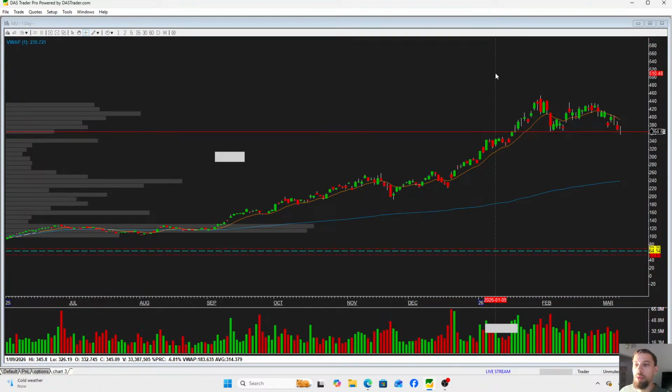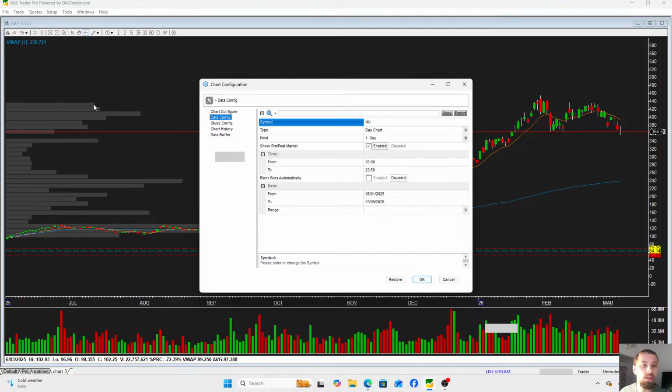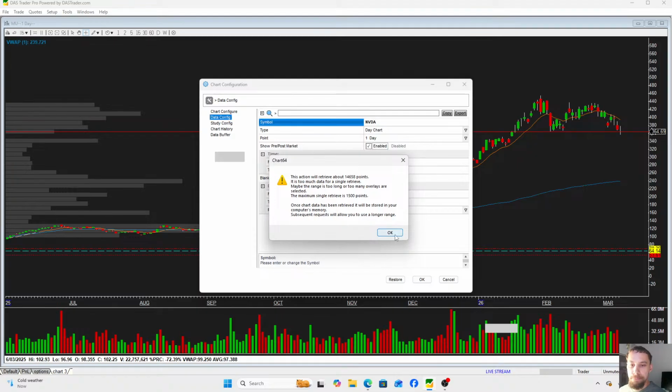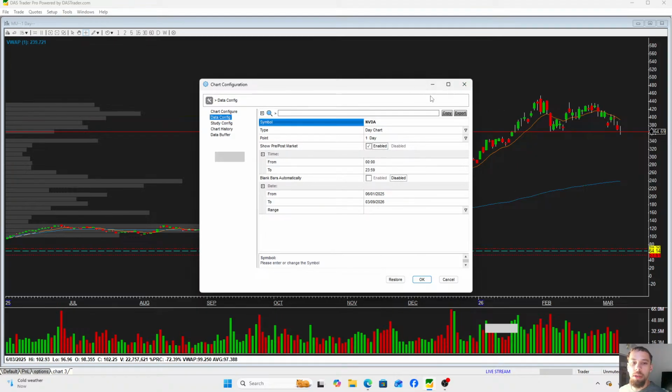Alright, marking some more levels here. I have a bigger chart, and just gonna again set my support and resistance levels. Let's put this back here. Why is it doing that?